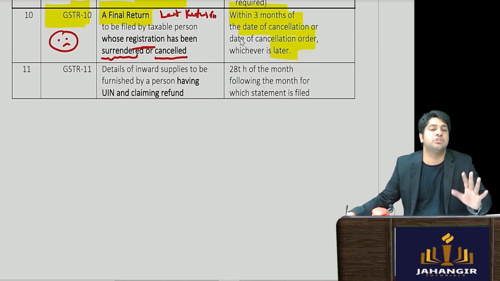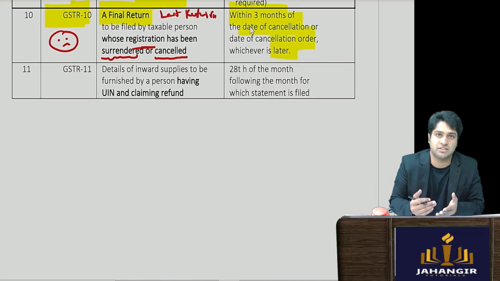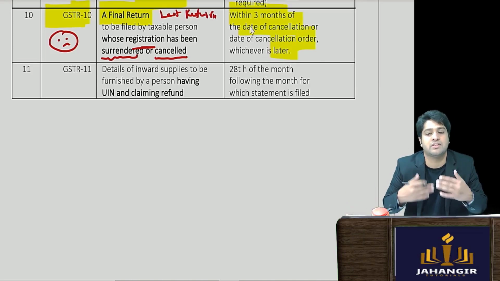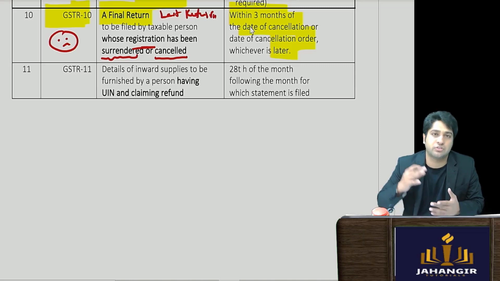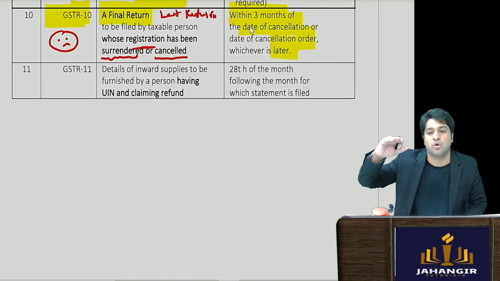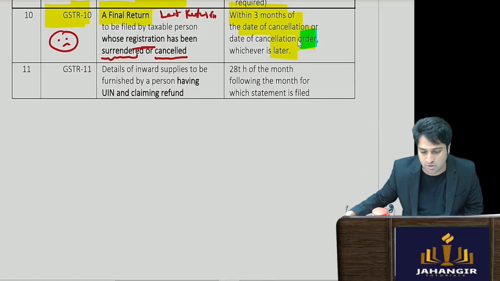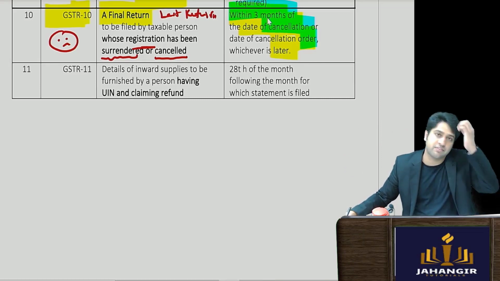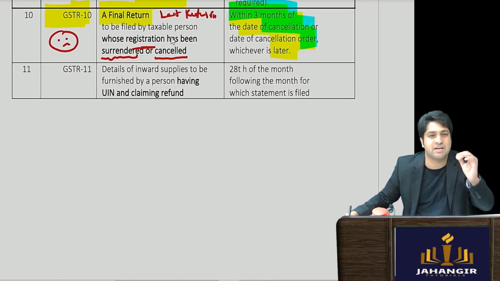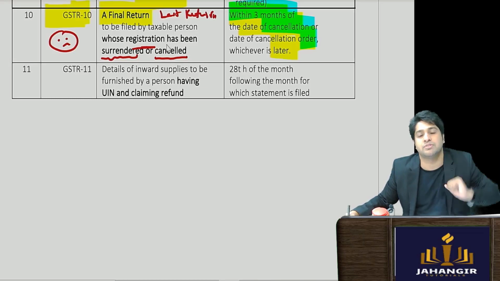So within 3 months from the date of cancellation, or if you've gone in appeal and the order is awaiting, then we'll wait. So whichever is later. So till an order comes or it has been cancelled, whichever is later. Sometimes we will go in appeal and then the order comes in later on.